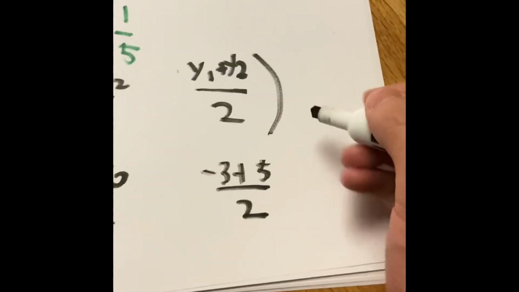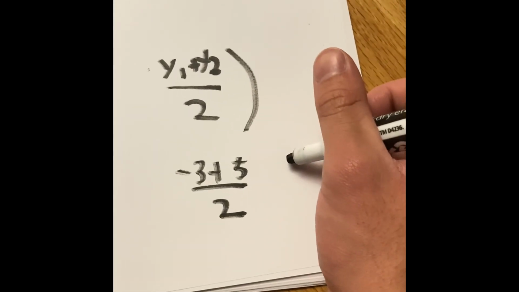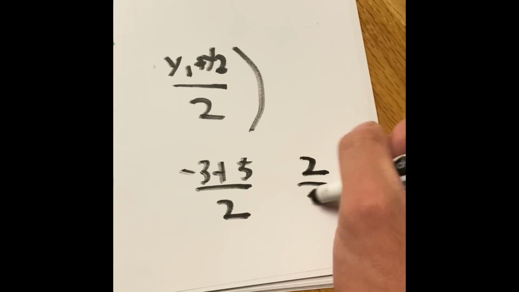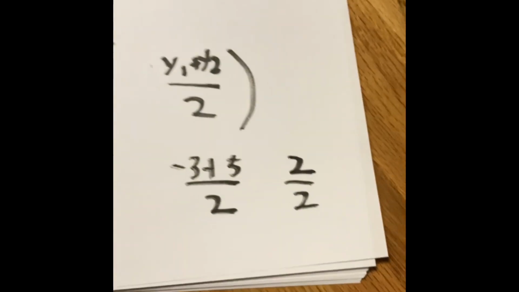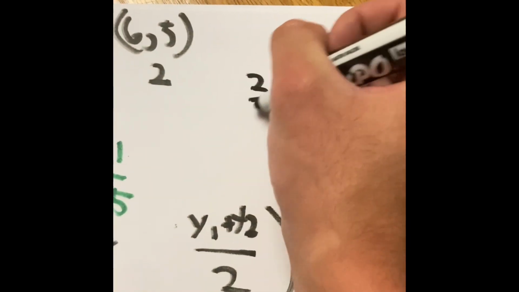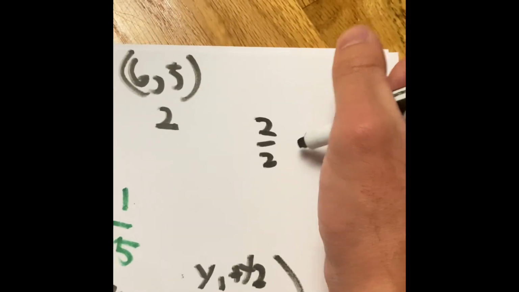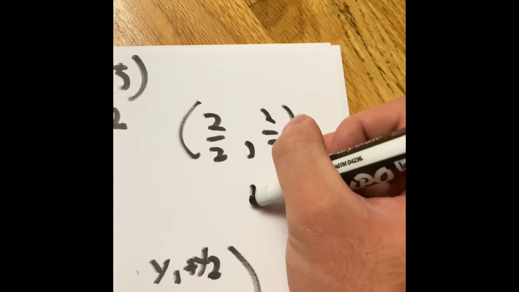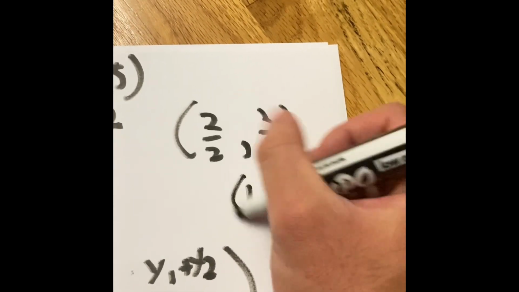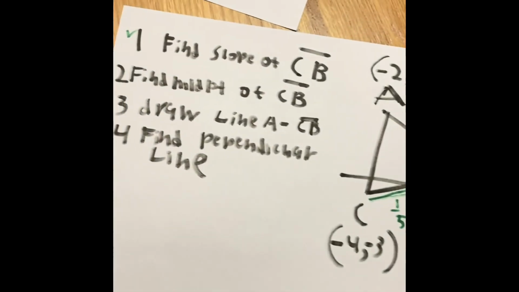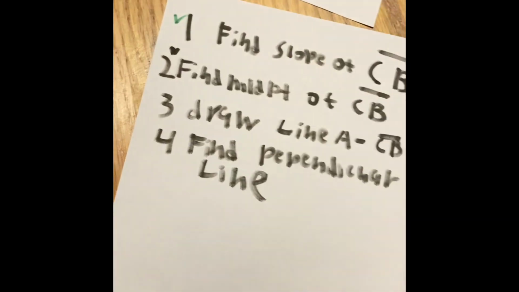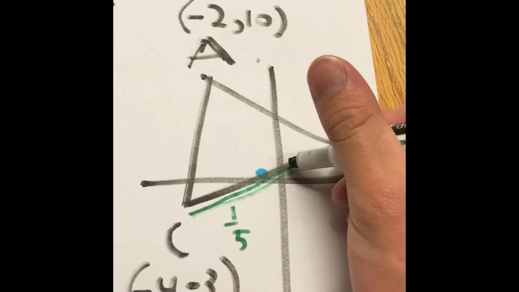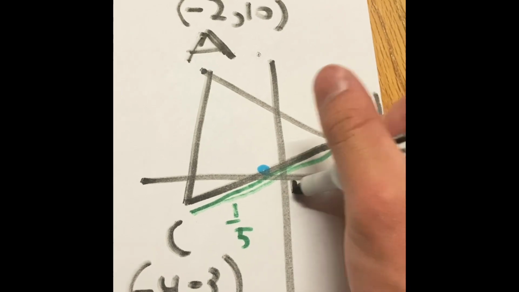And -3 plus 5 is going to be +2 divided by 2. So we get an answer of 2/2, 2/2. But if we simplify that, we're going to get 1, 1. So if we find the midpoint of CB, it's going to be (1, 1). So we're going to say right here, it's going to be (1, 1).